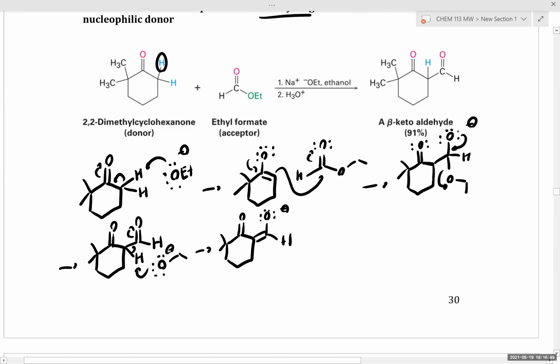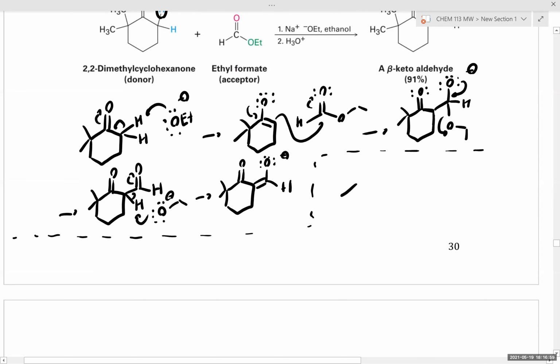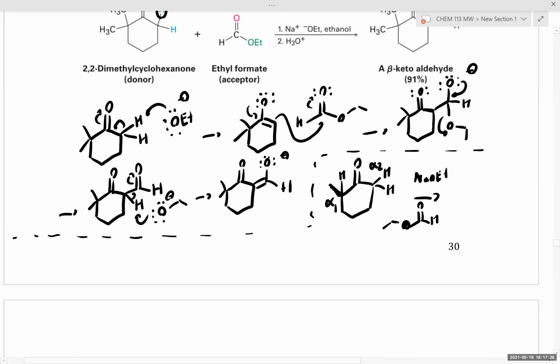Now, one thing to note for the Claisen condensation is that we can get regioselectivity. So for example, if we have a substrate that looks like this, where we just have a methyl group on one side, and we treat it with sodium methoxide and ethyl formate, only one of these positions, alpha 1 and alpha 2, can productively react.